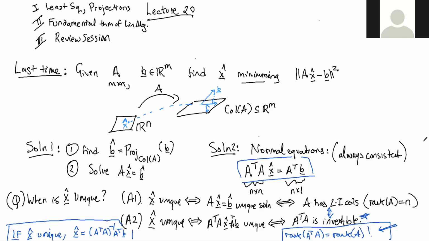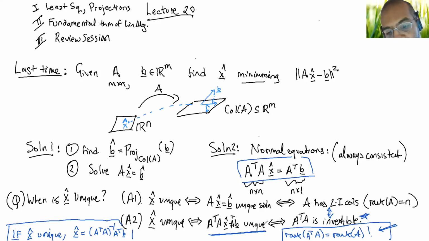I want to ask why A transpose A is invertible. Is there any proof? Oh yeah, so the proof goes back to before the first midterm, right? When does a linear system have a unique solution? Well, it doesn't actually depend on the right-hand side.